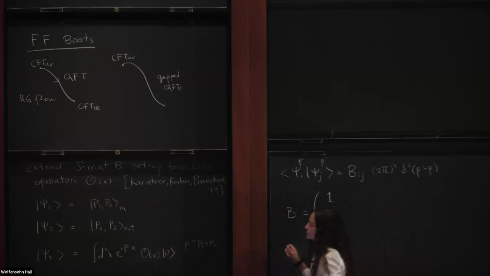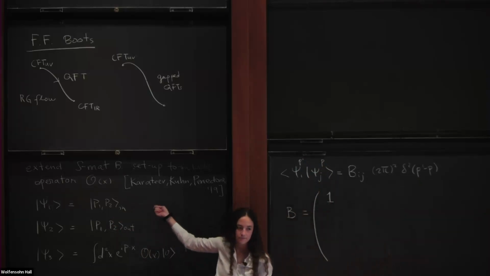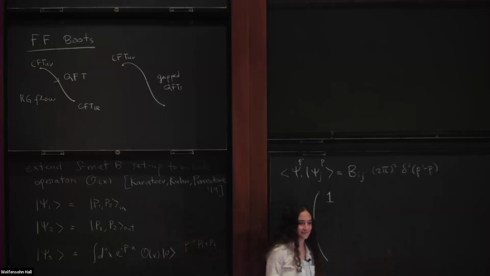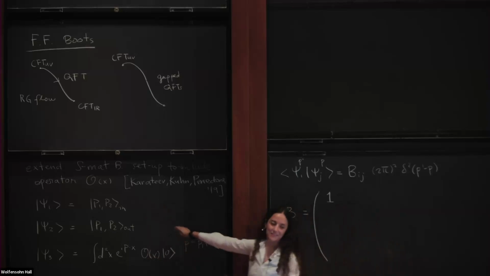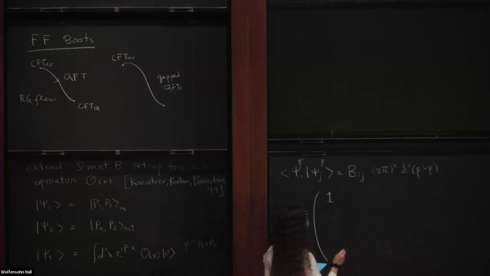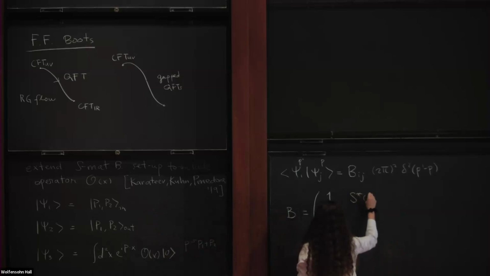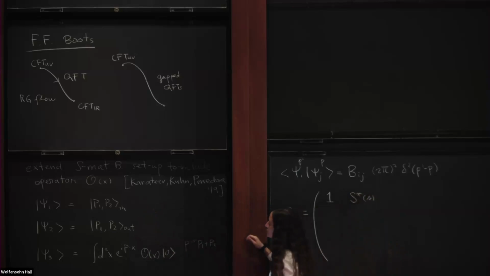Then if I do psi2 with psi1, it's the S matrix. So here you get the conjugate. Also 2 with 1. 2 with 2 is also 1.